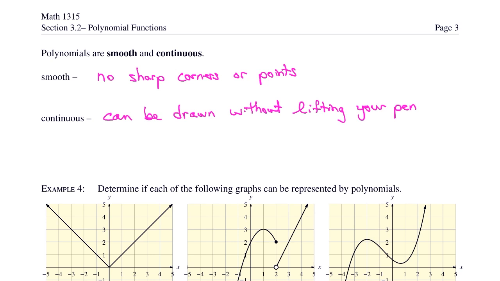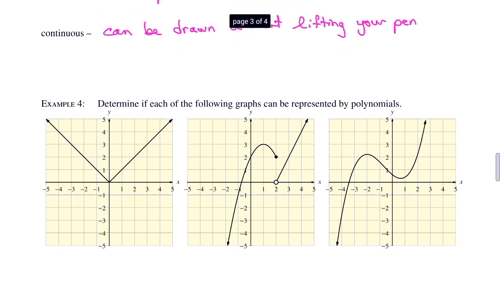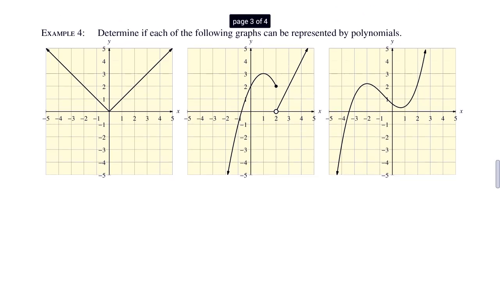Let's look at example 4. Determine if each of the following graphs can be represented by polynomials. The first graph should look familiar. Notice that right here at 0, we have a very sharp corner. The graph comes in from the left and abruptly turns and moves up in a different direction going to the right.